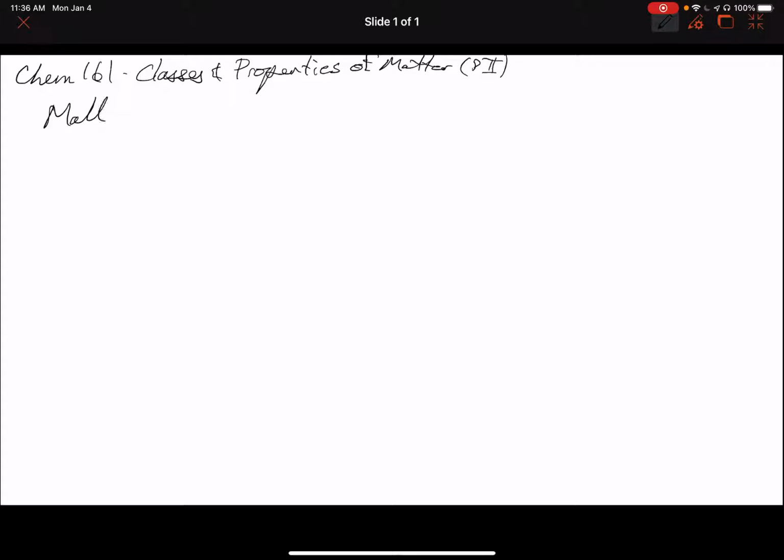The definition of matter is anything that has mass and occupies space.